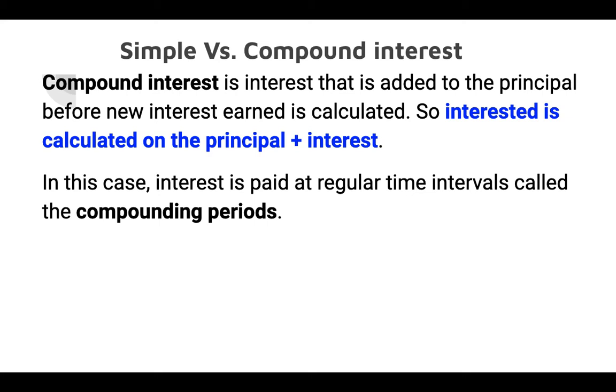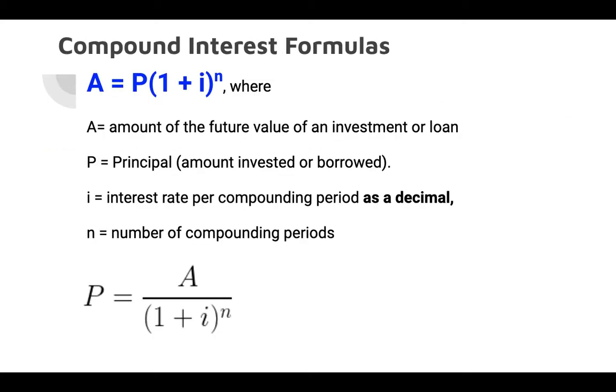So for example, if you borrow money for 5 years, you'll get charged interest 5 different times. And each of those amounts of interest will increase. So in this case, interest is paid at regular time intervals, and those are called the compounding periods.